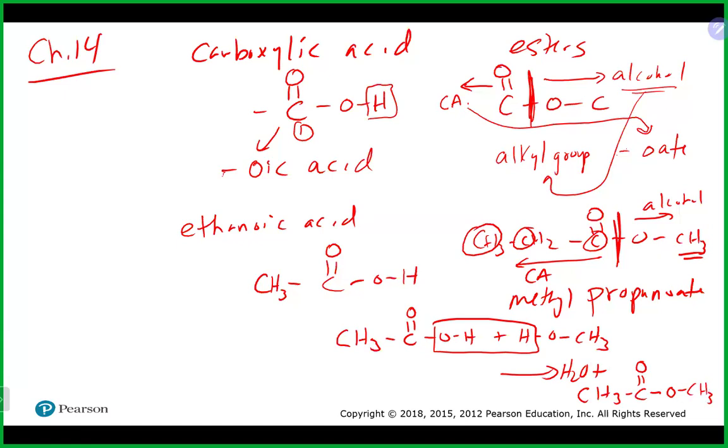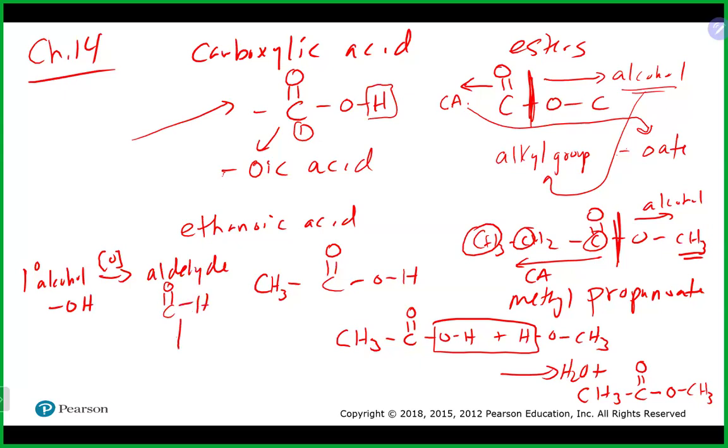We also talked about how we get to a carboxylic acid that originates from a primary alcohol that gets oxidized to an aldehyde, and then that aldehyde gets oxidized one more time and makes the carboxylic acid group. So that is the pathway that we talked about. We're going to talk about alcohols and also aldehydes. That's how we get to a carboxylic acid. Any questions on any of that there?